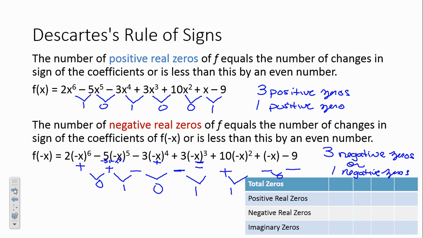Okay. So we could have a total of 3 positive. We know we have 6, right? 6 zeros. Okay. We could have a total of 3 positive real zeros and 3 negative real zeros and no imaginary, for a total of 6 zeros.